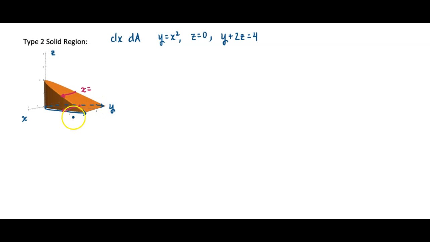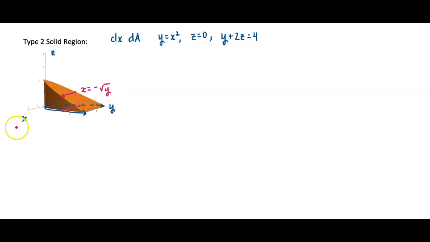So x is going from, well, how can I describe this? I know that this is parabolic. I know x is just starting from the square root of y. Because behind this y-axis, x is negative, this is going to be x equals negative square root of y.